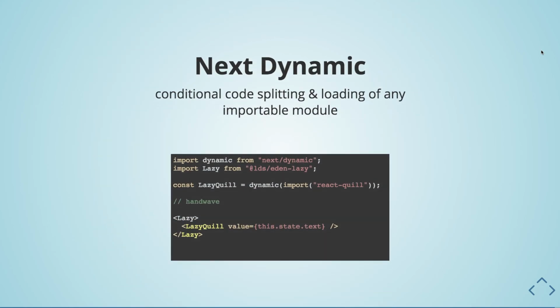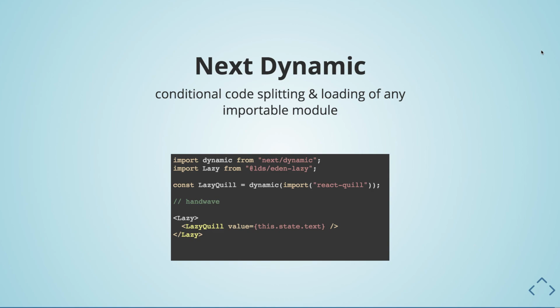So there's a number of systems out there that allow you to do this. In our starter, it's a Next.js starter, it comes with something called dynamic, right? Imagine we're importing that dynamic function and this lazy thing, and we're wrapping this import function around this library here, which gives us a new component, in which when it mounts, that's when it pulls down the code from the server, right?